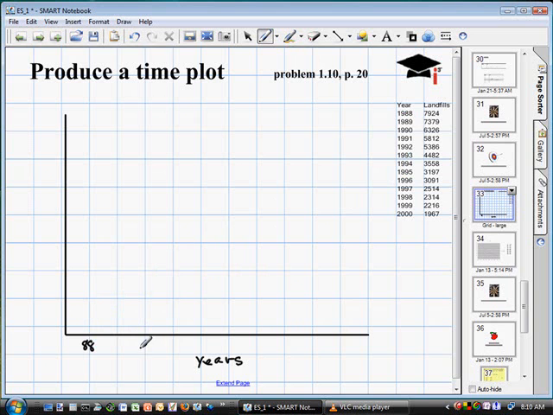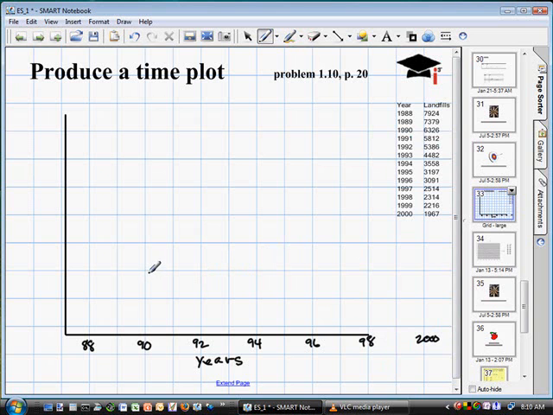And I'm not going to write it on every line, but each line stands for a year. Do we have room? Well, that's all right. We'll wind up going a little bit over our data, but that's okay.